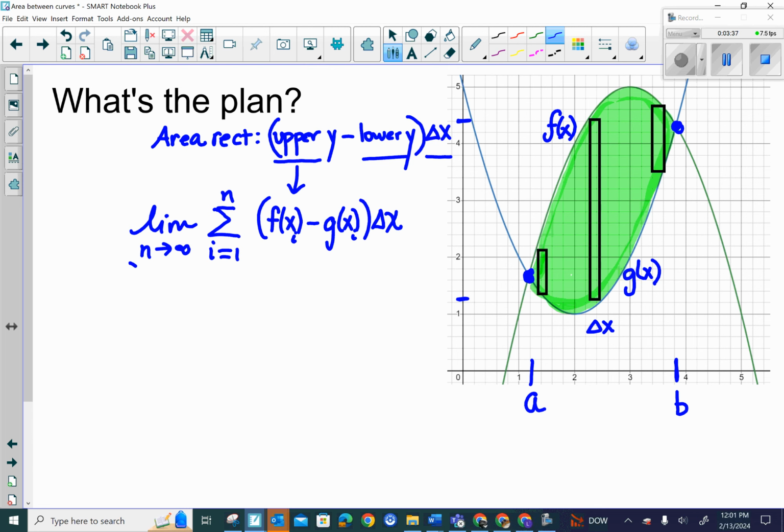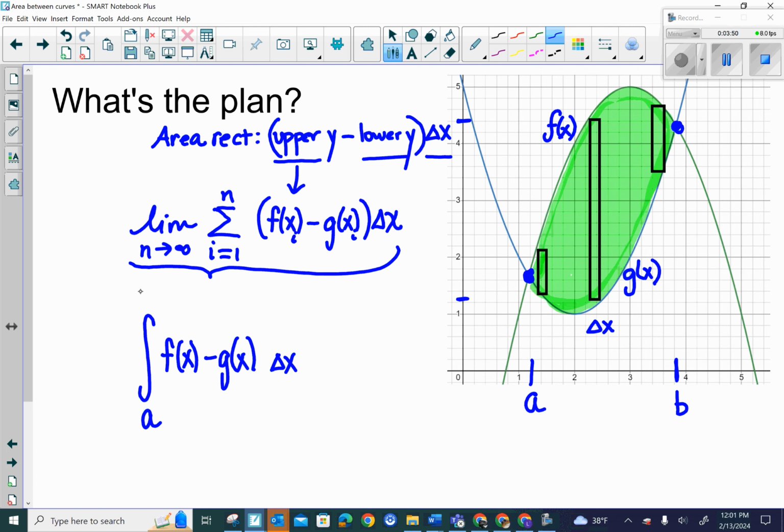And this is the definition, that limit of the Riemann sum is the very definition of the integral. So I have the integral of f of x minus g of x dx from A to B. And that's generally how you do areas between curves when the curves are oriented this way.